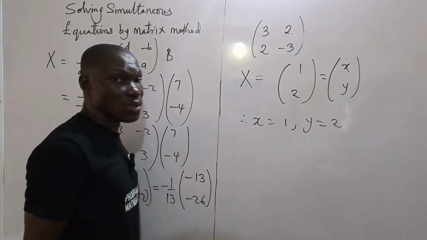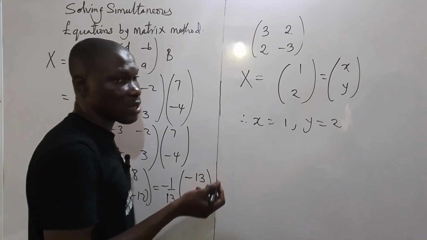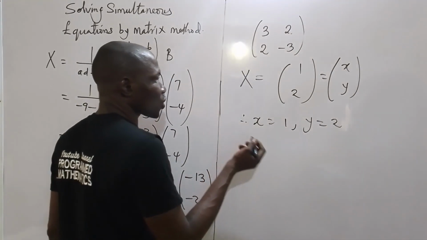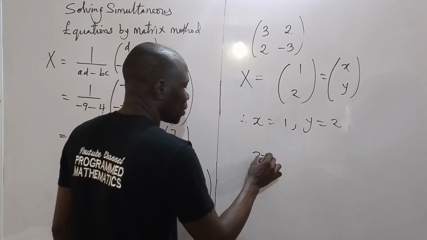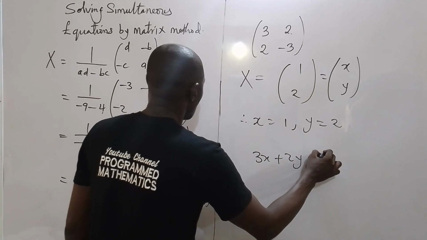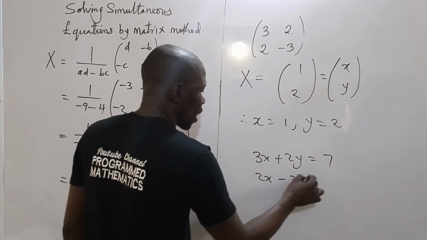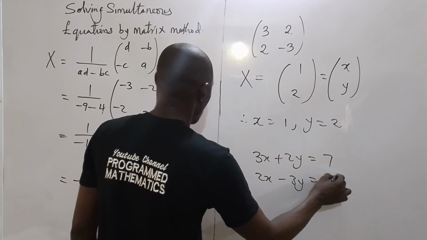When you solve simultaneous equations, you can't be sure if your answers are right or wrong, whether a teacher is there or not. Simply use a cross-checking method. The equation says 3x plus 2y is equal to 7, and 2x minus 3y is equal to minus 4.